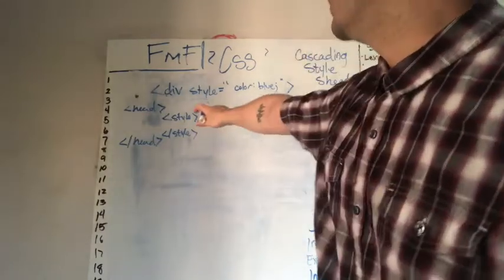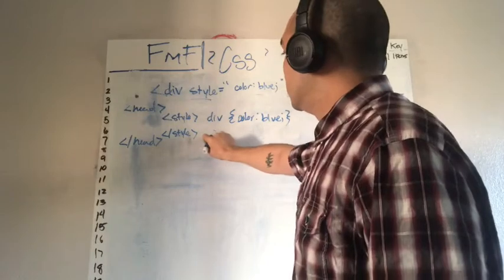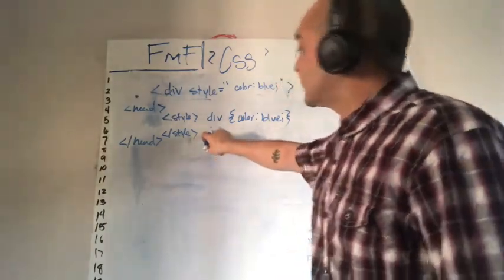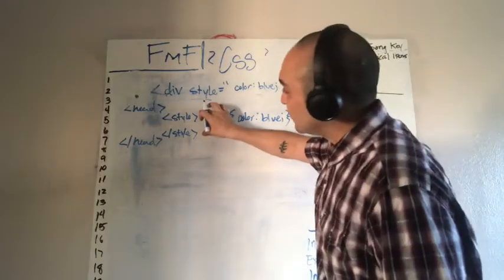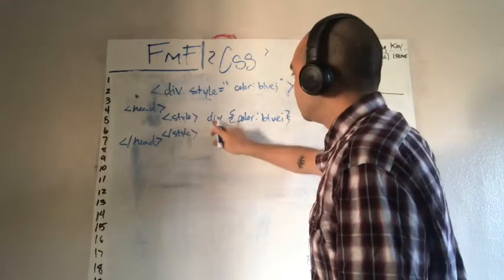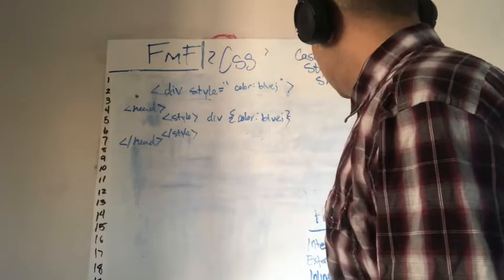That's how you do it as an internal style sheet. It's got to go inside the head and inside the style tag. That's where you're going to put your CSS. Then finally, external.